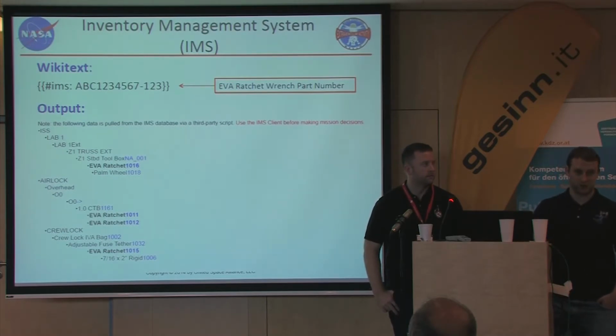Then anybody who's watching the page will get a notification and be informed that these items have moved. So if you care about the EVA ratchet, you might care that somebody moved it somewhere. It gives a little more insight into where things are on the space station, which is a really big problem. We lose things in those huge piles of bags. I mean, not permanently lose, but we misplace them in those big, huge piles of bags. So being aware of when things are moving is very important for people to know.